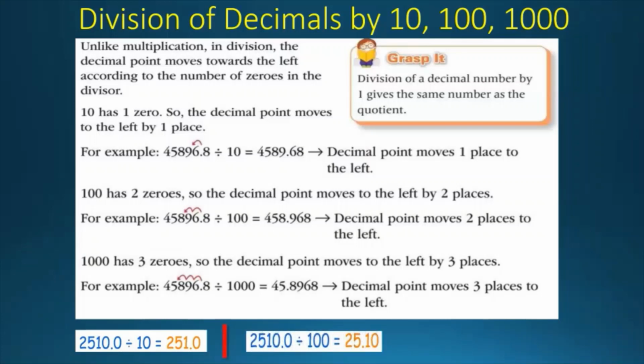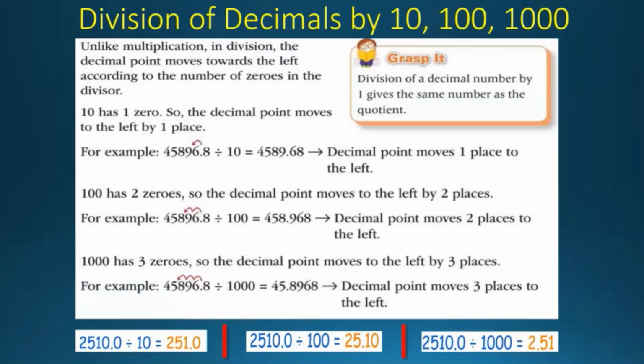Now we have 2510.0 divided by 100, which is equal to 25.10. In this, we can't drop the 0 because the 0 is an important value. If there is no 0, the number will become 25.1, which is different from the original number, 25.10.